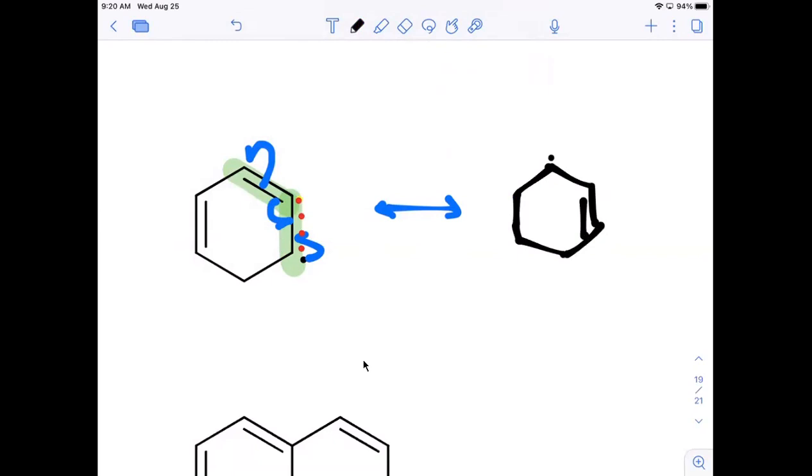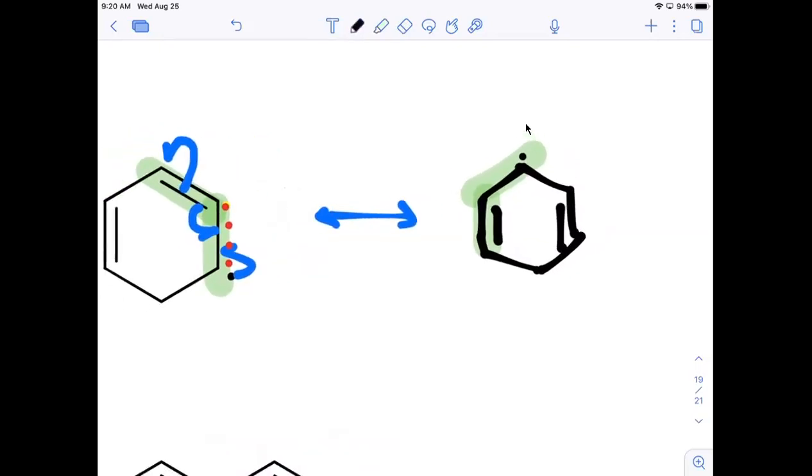Now, let me put this double bond back because I didn't touch that. Can I do it again? Do you see the same pattern again, right here? Yes. So I can do it again because I have the same allylic pattern. I'm going to push that there, and here.